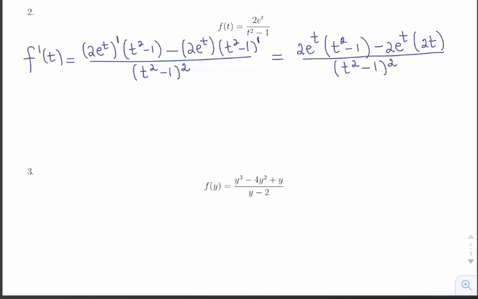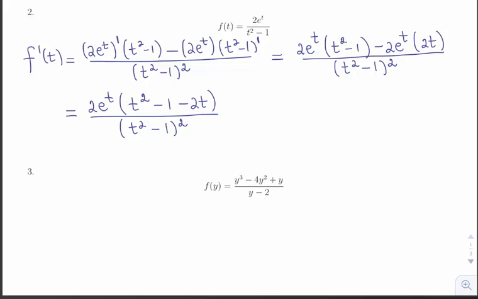Okay, so let's see. 2e to the t is a common factor, we can just factor it out. And we get t squared minus 1 minus 2t over t squared minus 1 quantity squared.